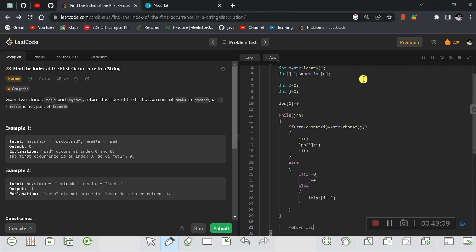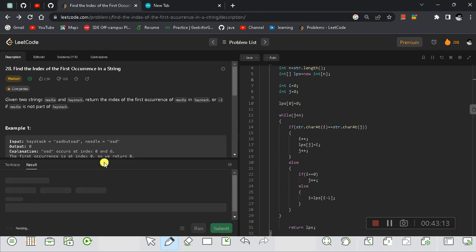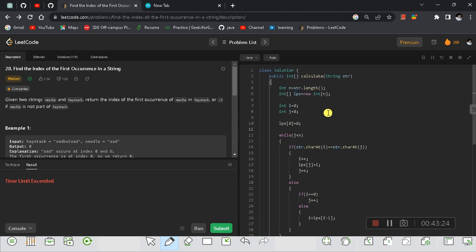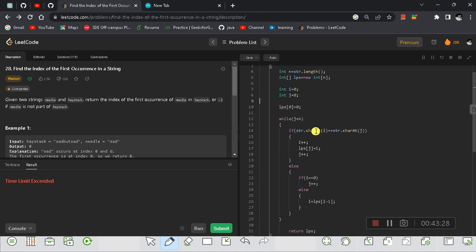Let's see whether it works or not. Okay, it's showing time limit exceeded. Let me see why. If my characters are equal, I simply do this.